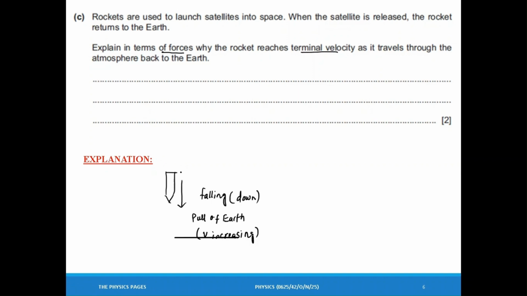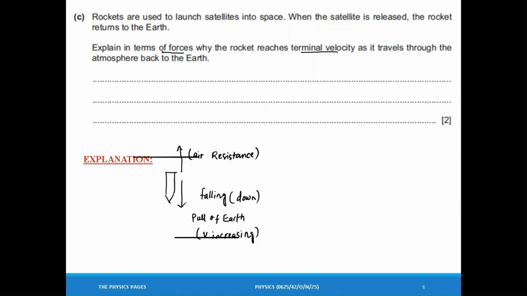As speed increases, upward force keeps on increasing. This is upward air resistance force, the force of air resistance. So force of air resistance also increases upward. This air resistance force keeps on increasing as the speed increases.